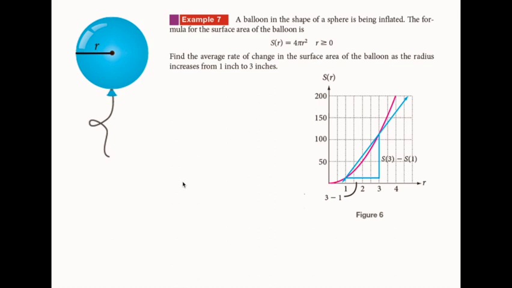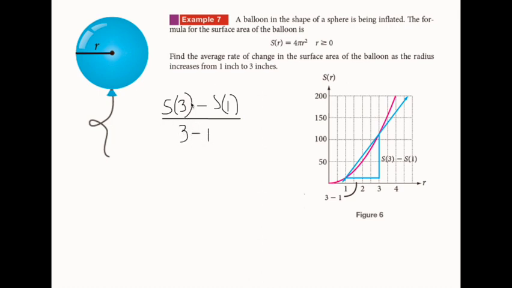We're going to find the average rate of change in the surface area of the balloon as the radius increases from 1 to 3. When we set up our formula for rate of change, which is the same as the slope, we're going to take the dependent variable, s of 3, and subtract s of 1, and divide that by 3 minus 1.